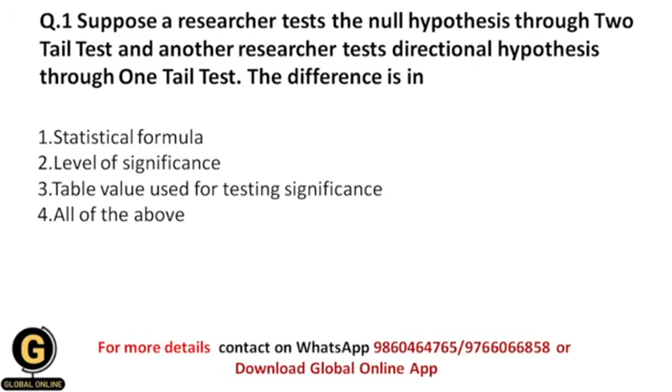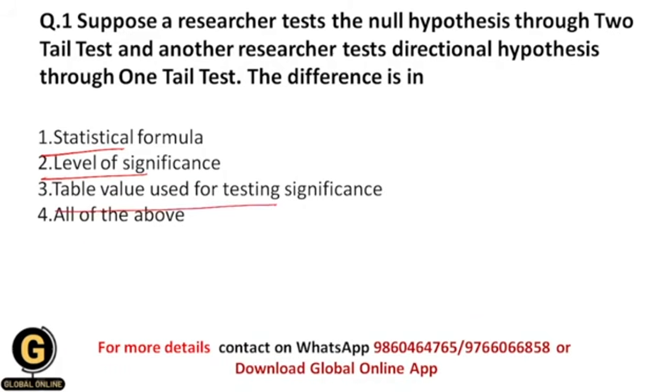That's why there are lots of differences in the testing of a two-tailed test and a one-tailed test. Those are differences in statistical formula, because these are two different tests, and that's why we need to use different statistical formulas. Again the level of significance is different, and as well the table value that we use for testing significance is different.